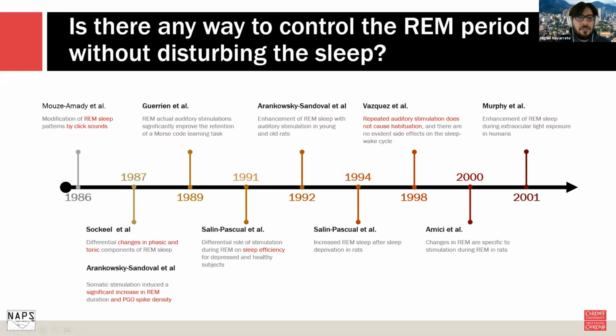A very interesting finding is that with sound stimulation during REM, there was an increase in the density of PGO wave spikes in the pons. This was in cat studies. Nevertheless, since the year 2000, there have not been many studies about that.